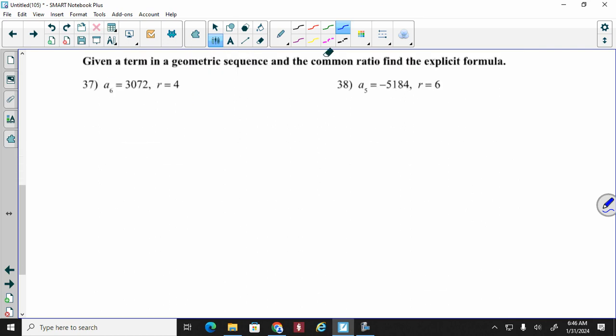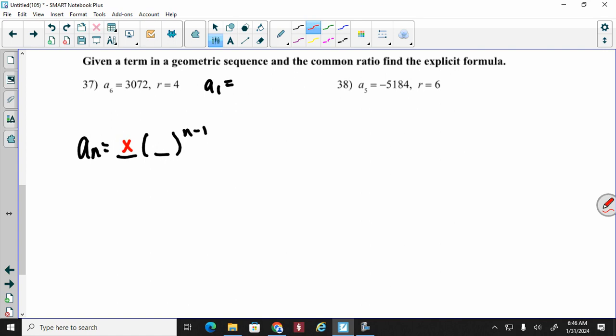All right. Now, question 37, 38, I think we're near the end here. This is probably the most involved. Your formula is still, well, actually, when you look at it, what do I not have? I don't have my first term, so I've got to find it. So I'm going to have to use x somewhere. The formula is a n equals something times something to the n minus 1.